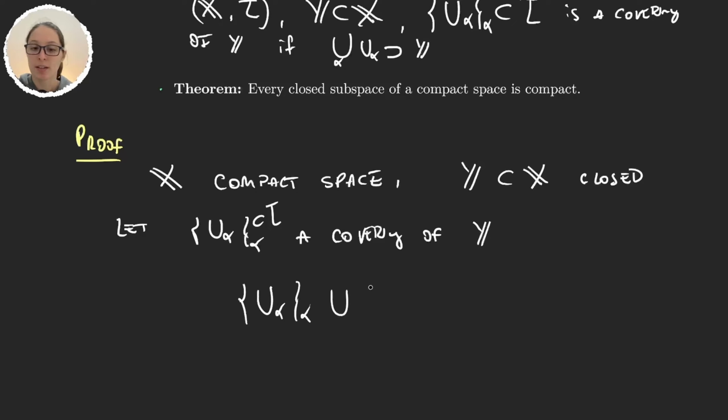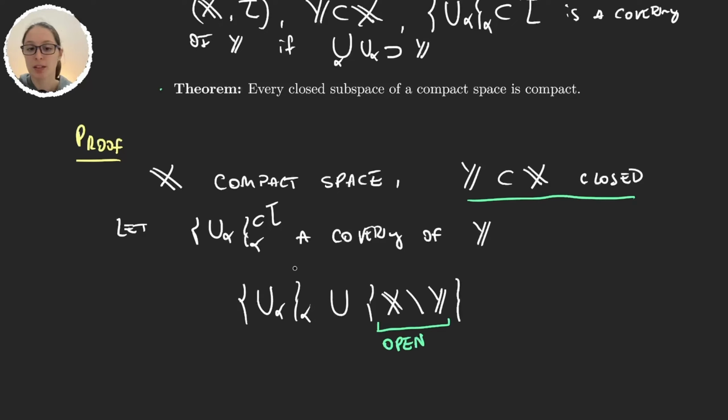And so if we take this collection and we add the set X minus Y, because Y is closed, then we have that this set is open. And so given that this was a covering of Y, now this whole collection is going to be a covering of X. But X is compact.